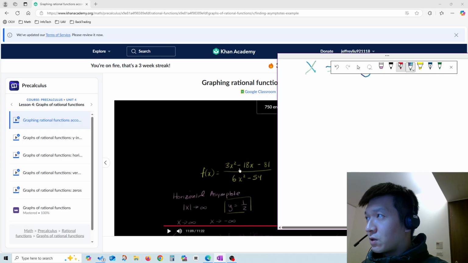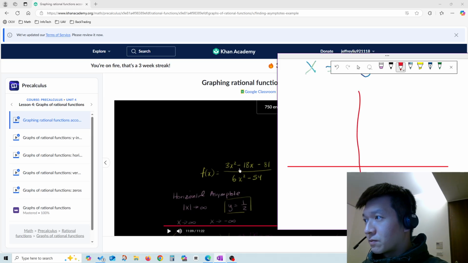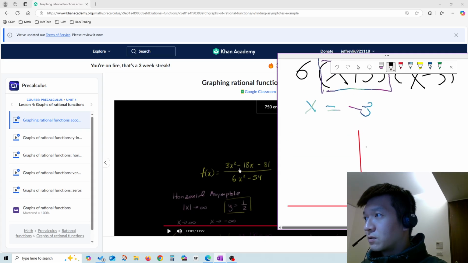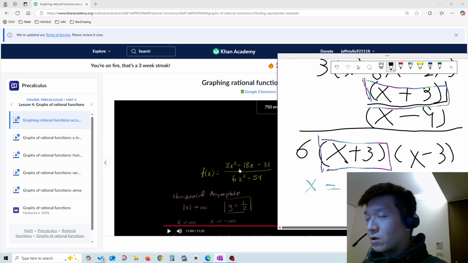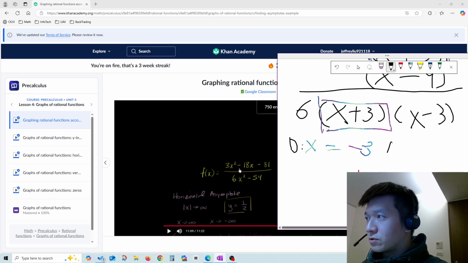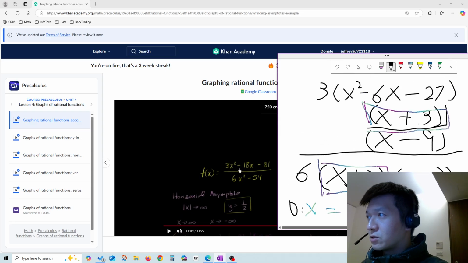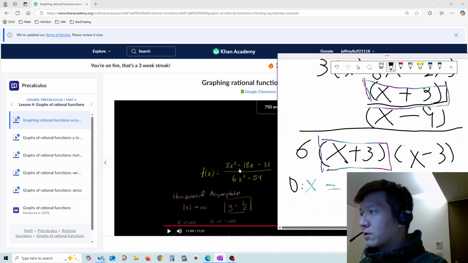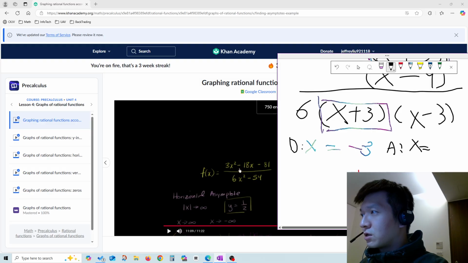Okay, so I'm guessing in the test this will be your discontinuity. Okay, so D. And how about your asymptotes? A, right? So A will be here, x equals 3 will be your vertical asymptote, VA, right?